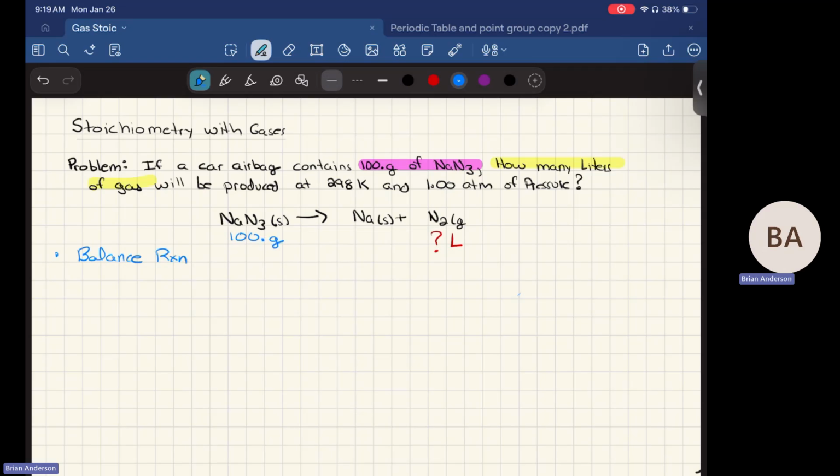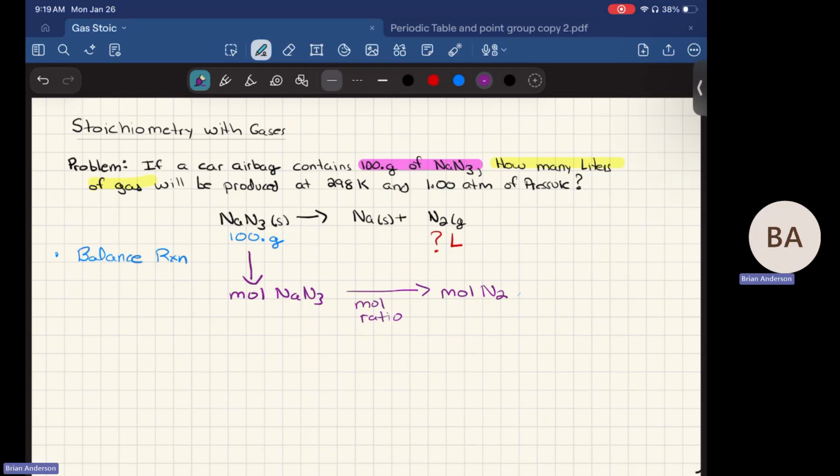When we think about how we're going to do this, we first start with 100 grams of sodium azide. We have to convert that into moles of NaN3. Once we have our moles of NaN3, we have to convert that to moles of N2, and we're going to use a mole ratio.